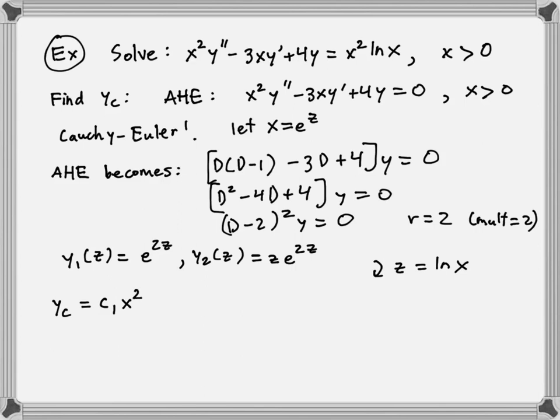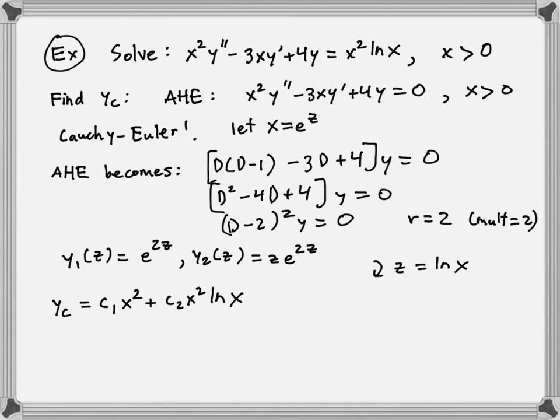It's just x squared, plus the other one, which is also an x squared but with an ln of x as well. I'm going to write it this way, x squared ln x, to put it in the other order. Sorry, I forgot the c2. It's c2 x squared ln x. So this right here is our yc.